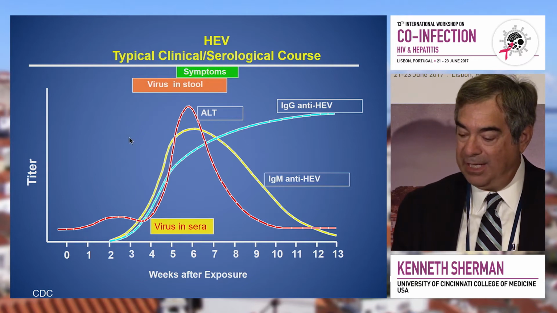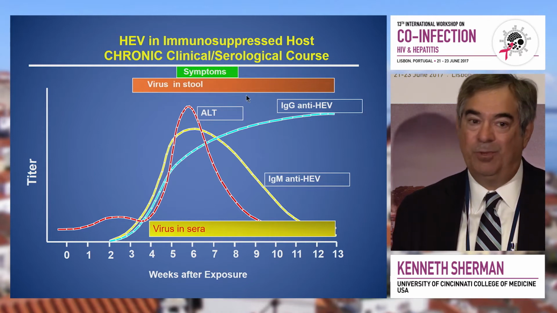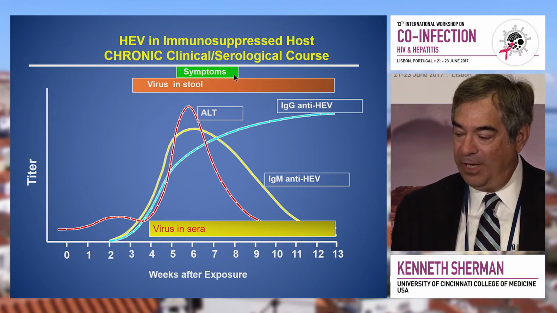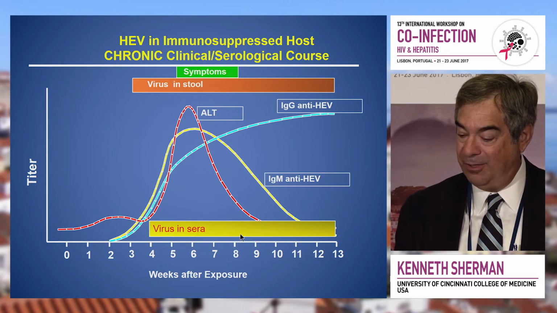But there's a second possibility, and that is that in some patients, particularly immunosuppressed hosts, such as those with HIV, the patient does not clear the virus, and continues to shed virus in stool and to maintain a viremia in their serum.